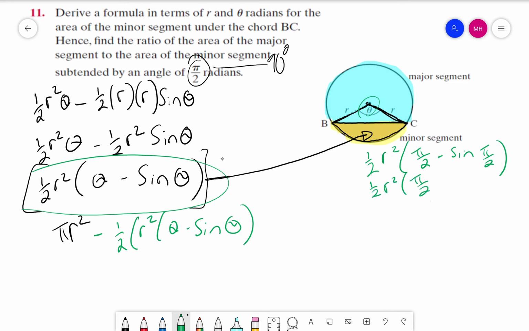Now the sine of 90 is equal to 1, so you've got minus 1. So this is what we've got to use and to substitute into our formula over here. So we've got pi r squared minus a half r squared pi over 2 minus 1.